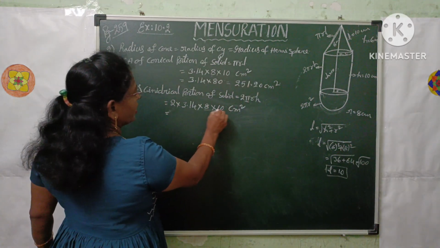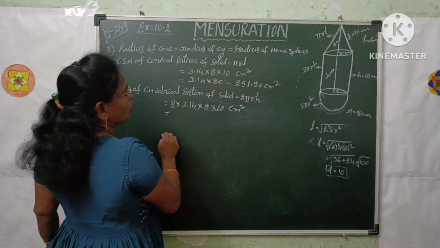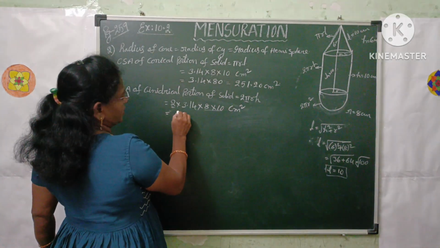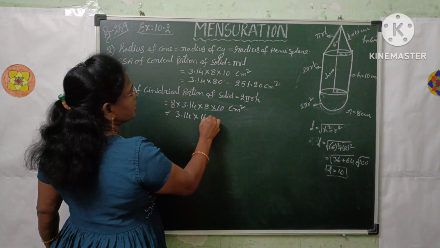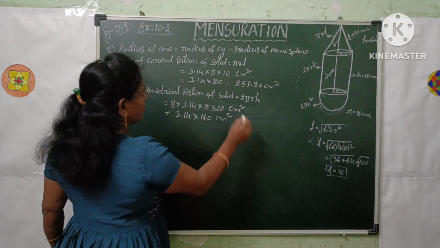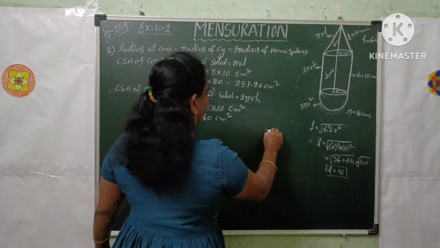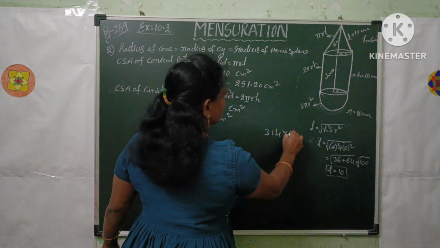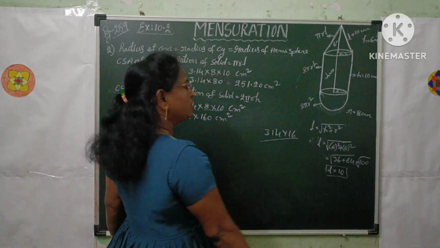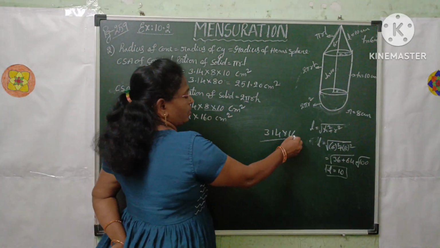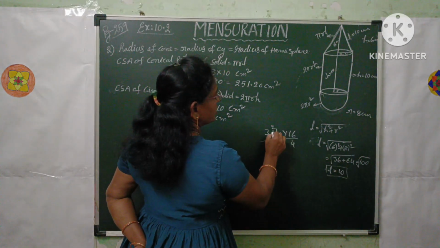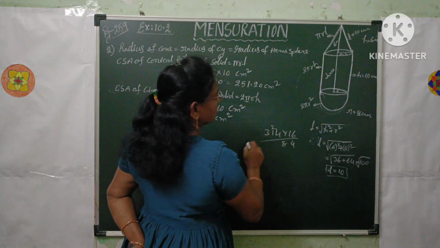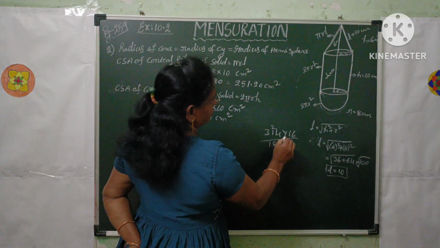Now multiply 80 into 2, 160. So 3.14 into 160 centimeter square. Now multiply simply here: 314 into 16. Later add 0 to the right side. 6 4s are 24, 2, 1 6 6, 8, 6 3s are 18.